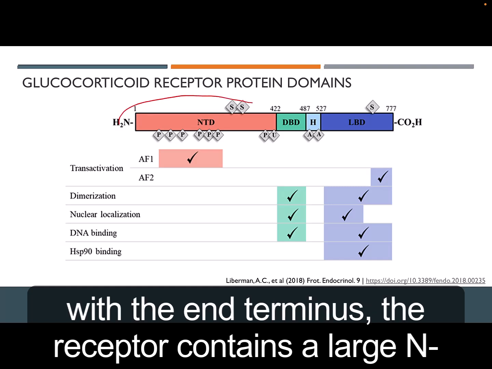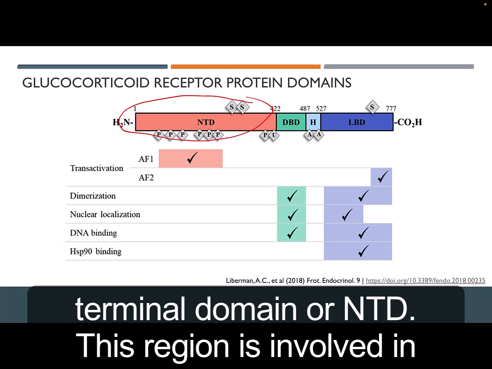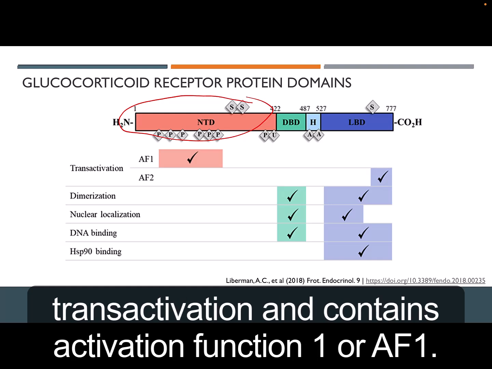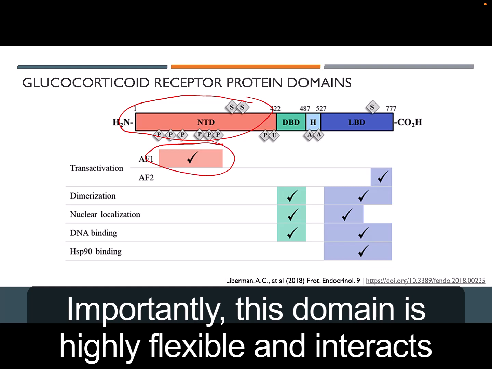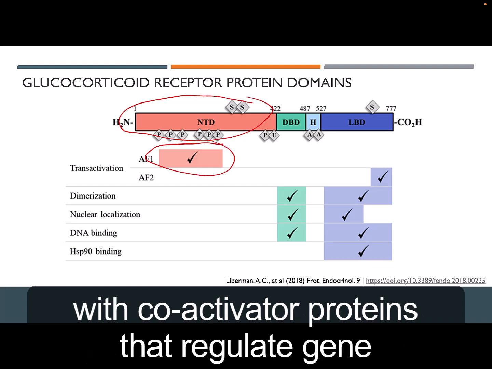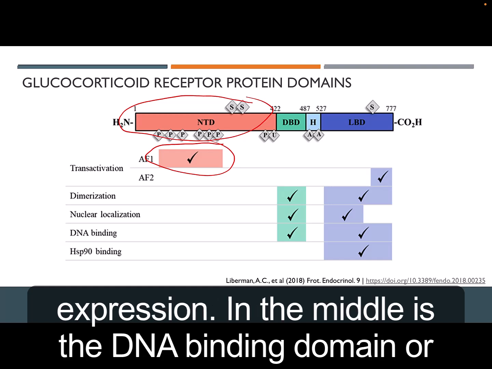Starting with the N-terminus, the receptor contains a large N-terminal domain, or NTD. This region is involved in transactivation and contains activation function 1, or AF1. Importantly, this domain is highly flexible and interacts with coactivator proteins that regulate gene expression.